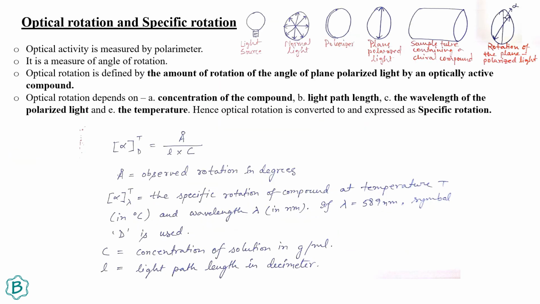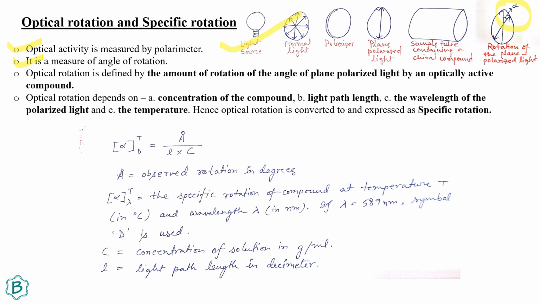Now we'll come to optical rotation and specific rotation. As I described with this image before, I am going to talk about rotation by a chiral compound. Optical activity is measured by a polarimeter. It is measured as an angle of rotation.